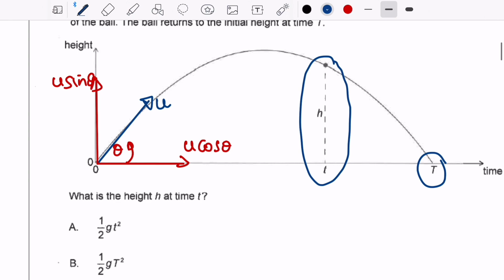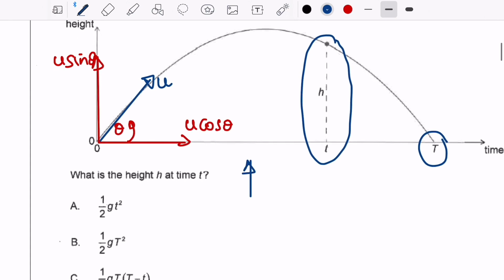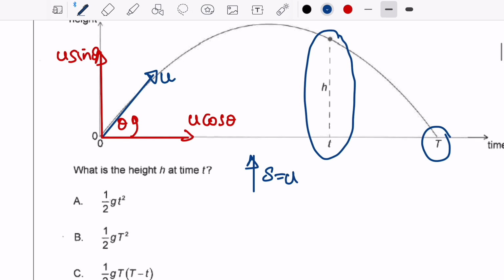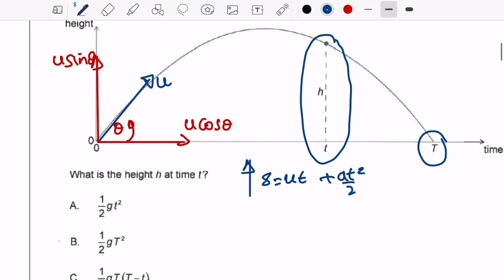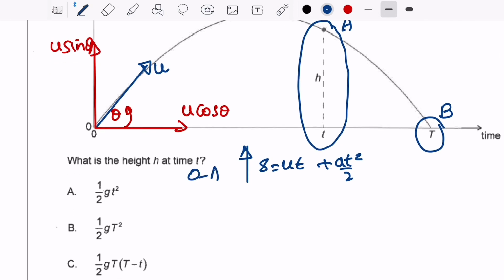By practice, I know normally I should write to find the distance. The best equation in this case is S equals ut plus half at squared. I'm writing it from O to A. So h equals u sine theta times t minus g t squared over 2.